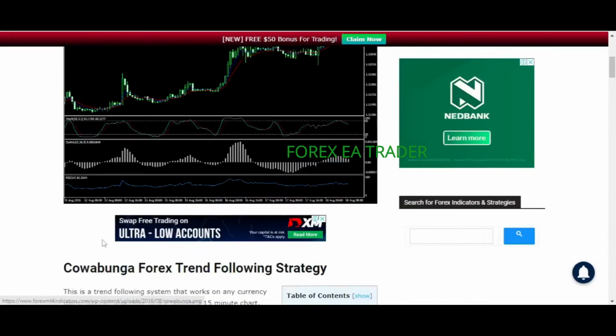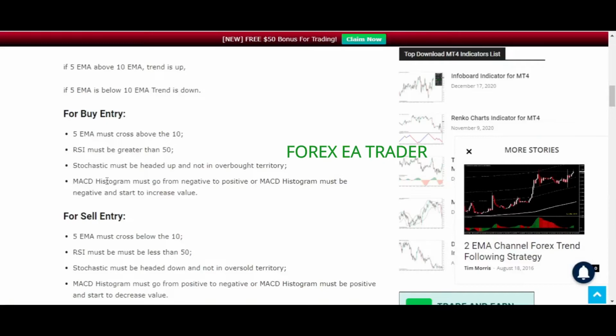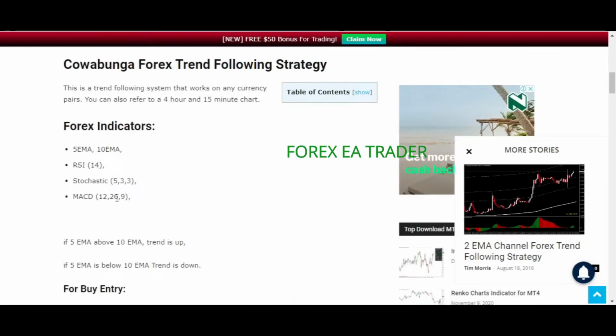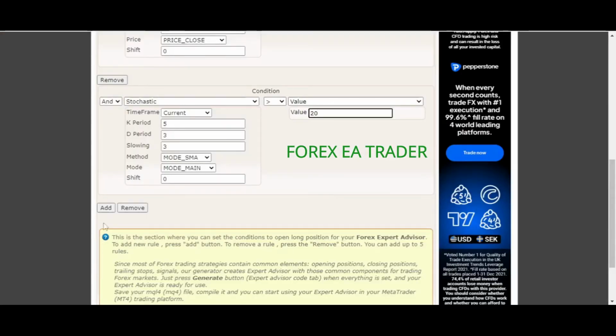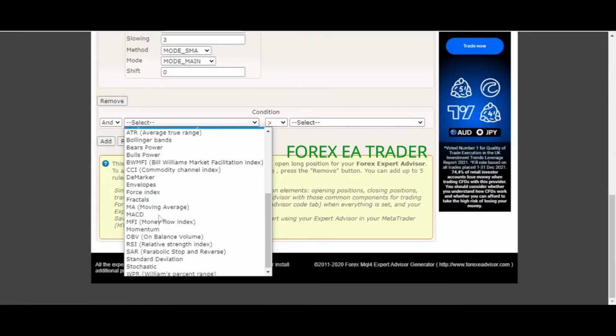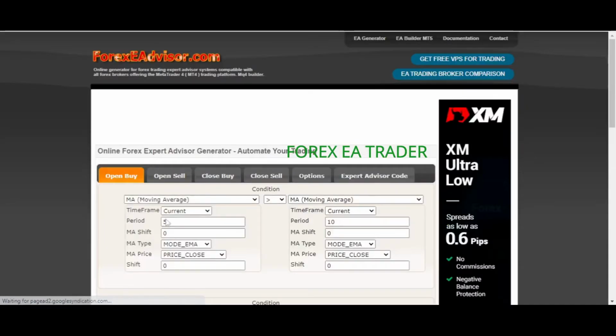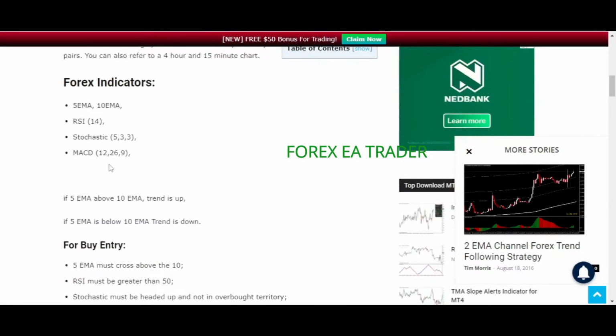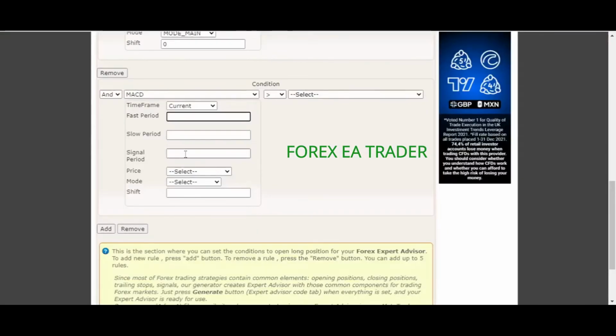Then the last condition is that we have a MACD which needs to be above the 0 line. What's the value for MACD? 12, 26, 9. Let's go and see if we can find our MACD. There is a MACD, and it's going to be 12, 26, 9.